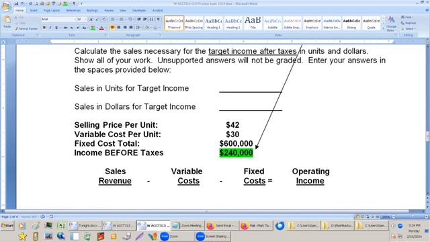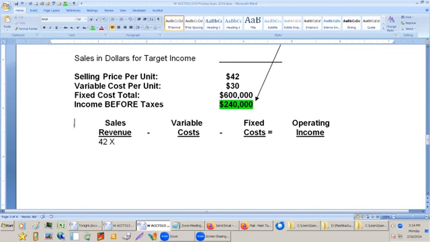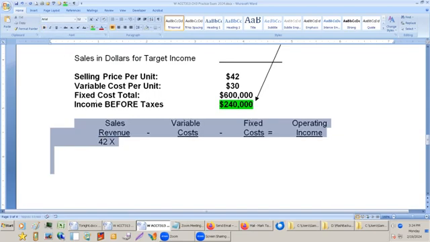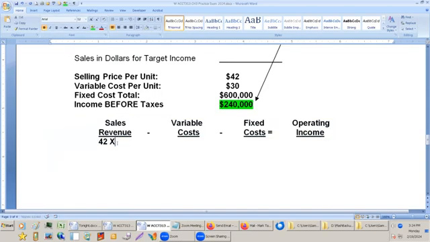At this point, it's just like we did a bunch of times before: 42x minus 30x minus 600,000.